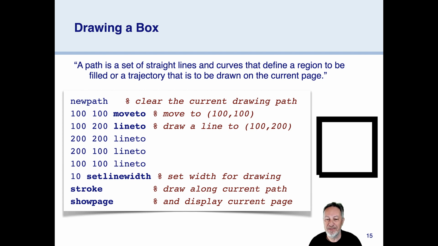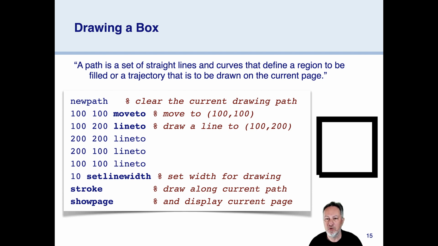Next, we can set the line width to draw. Here we set it for 10 points. Still, we haven't done anything. Now we execute stroke. What stroke does is it takes the current drawing thing at the line width of 10, and it follows the path and draws.